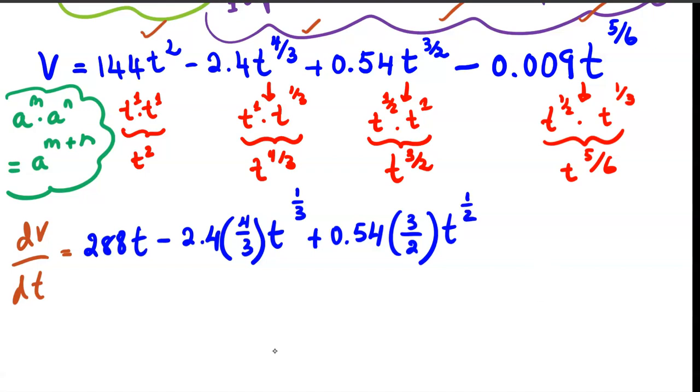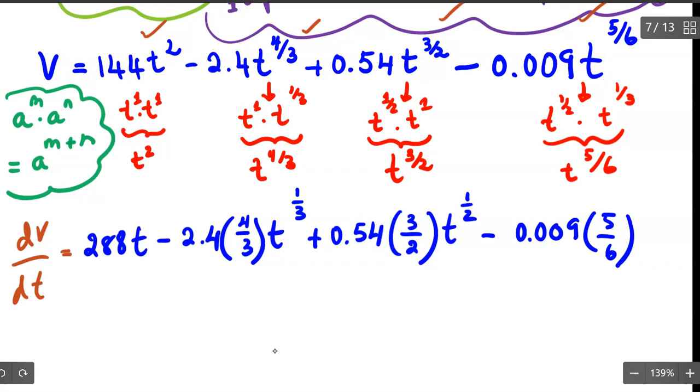And I subtract 0.009 times 5/6. Now the t becomes t to the -1/6, because I'm differentiating and I take 1 away from the exponent. Just a reminder for everyone.